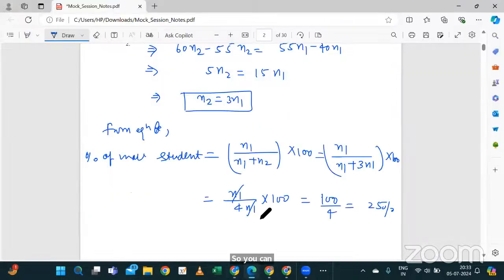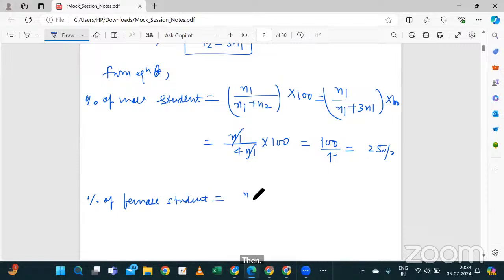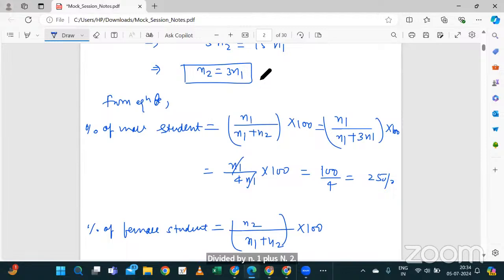Suppose the question has been changed a little bit and you have been asked the percentage of female students, then what will be your answer? So the percentage of female students will be n2 divided by n1 plus n2, into 100. You can put the value of n1 here, so it will be n2 by 3.